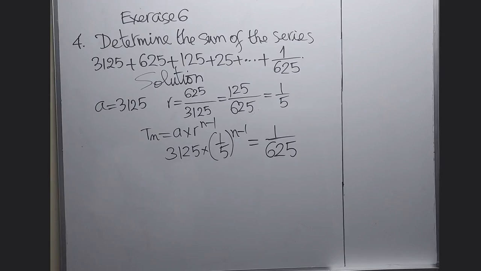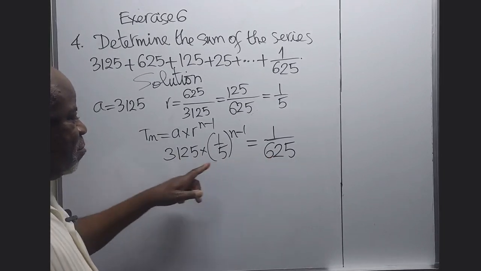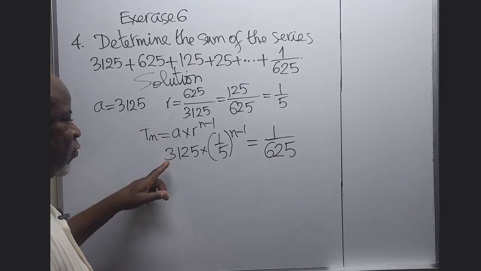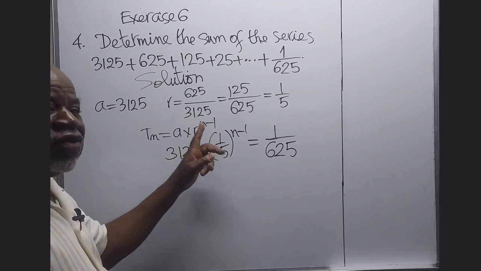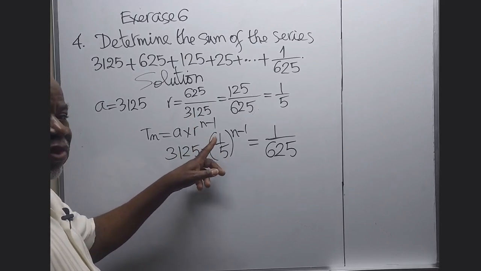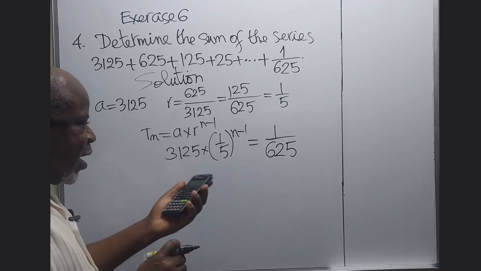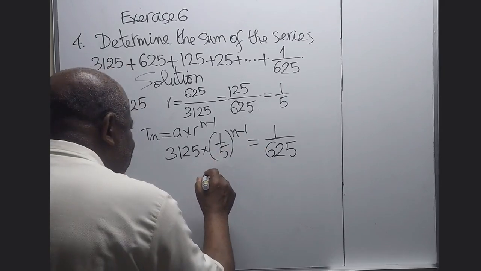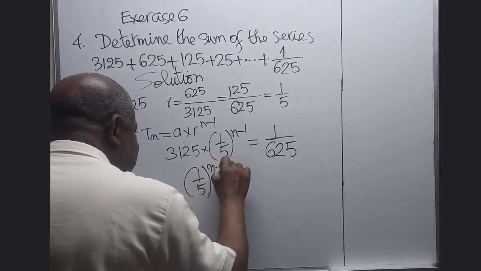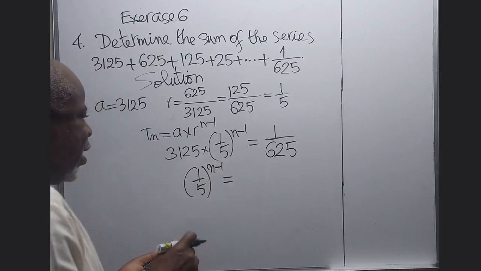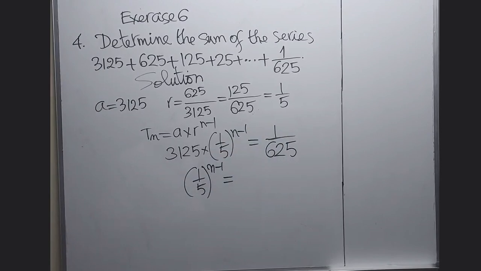So using my calculator, I'm going to multiply both sides by 1 over 3,125 so that I only remain with the bracket 1 over 5 to the power n minus 1.